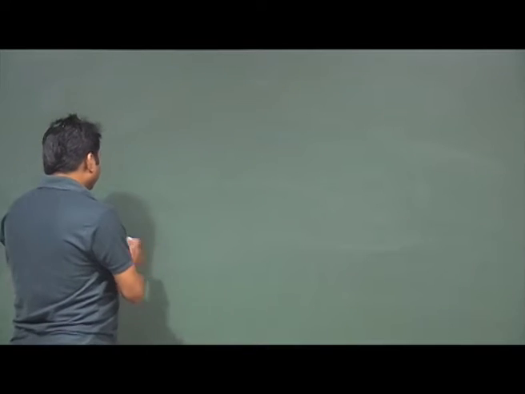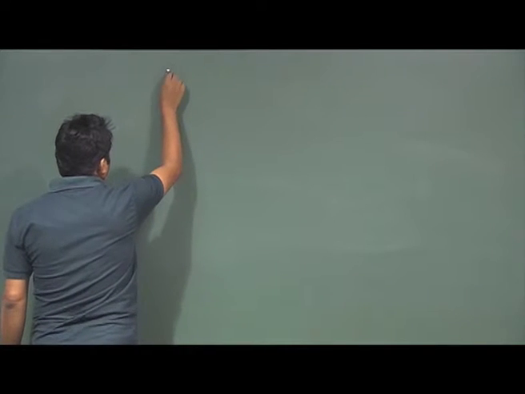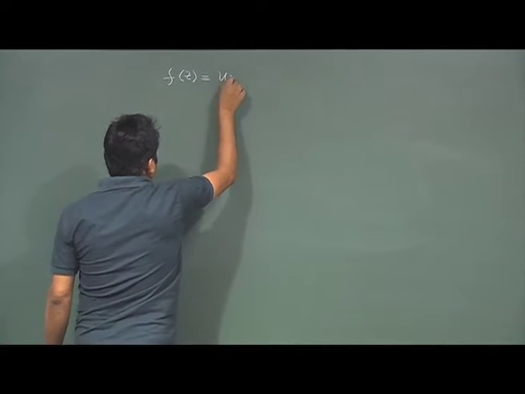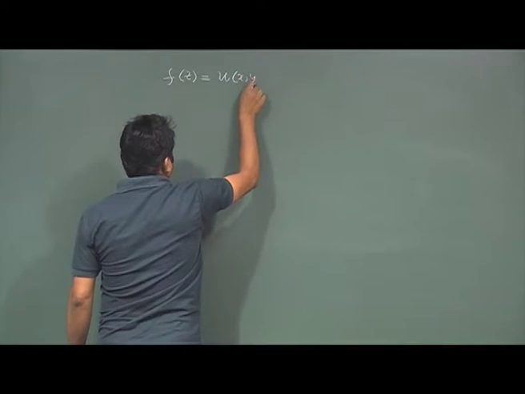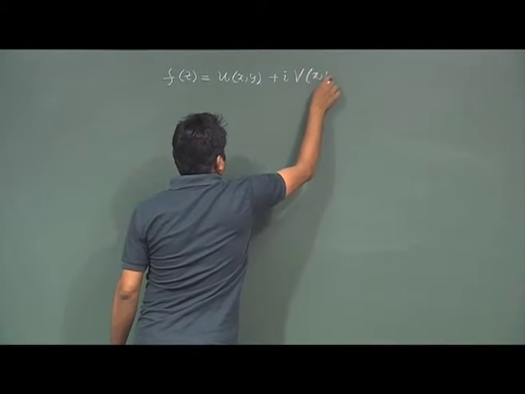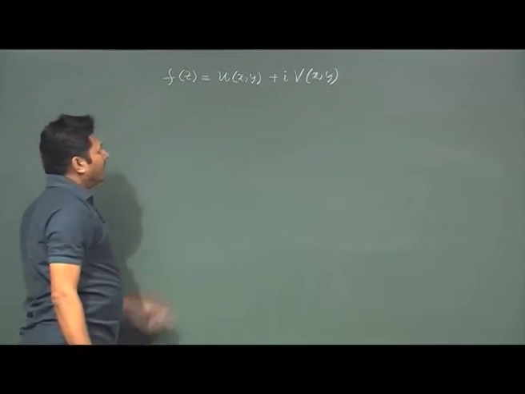Now regarding this Cauchy-Riemann equation, let me write it once again. f(z) is equal to u function of xy plus i v function of xy. This is the standard form of a function.